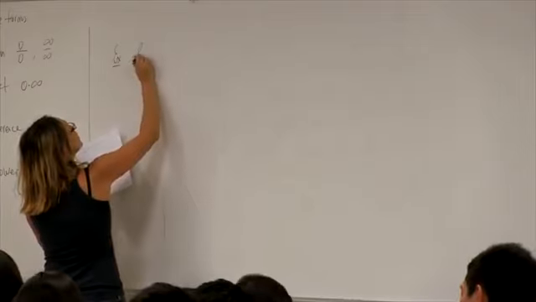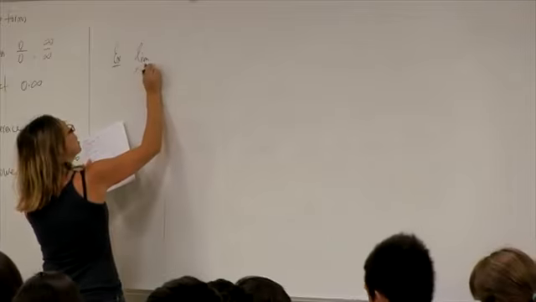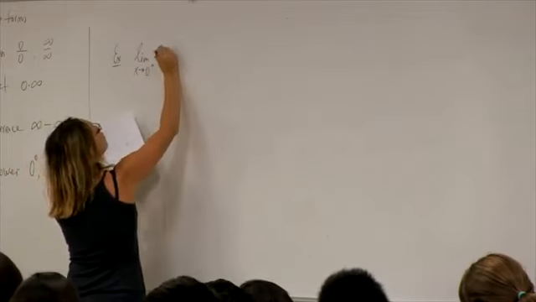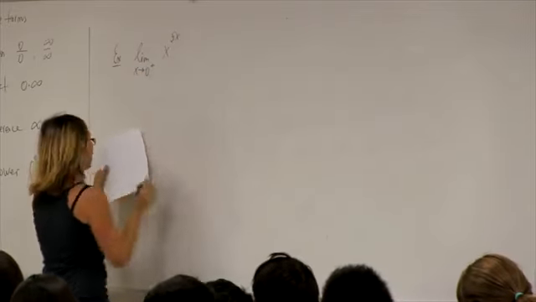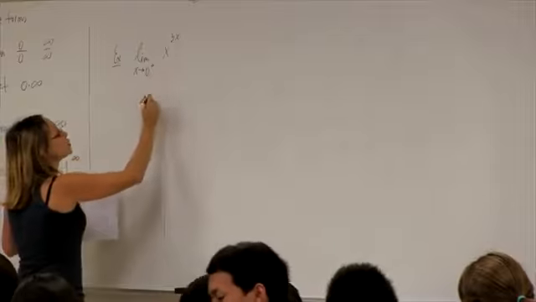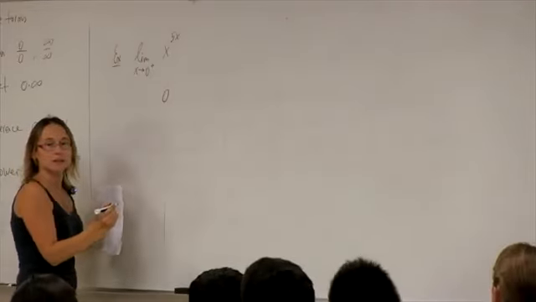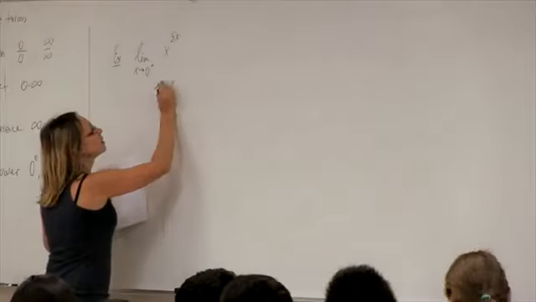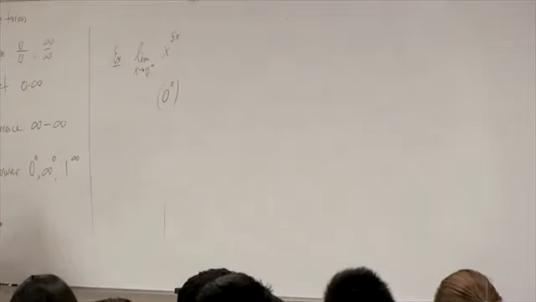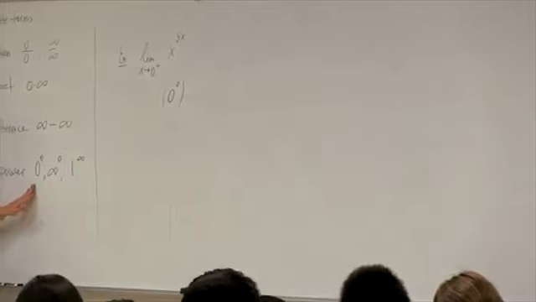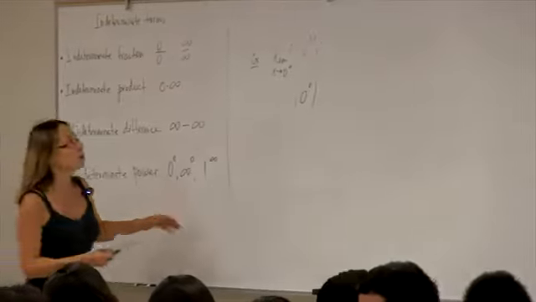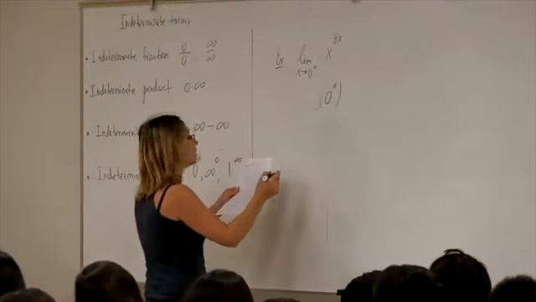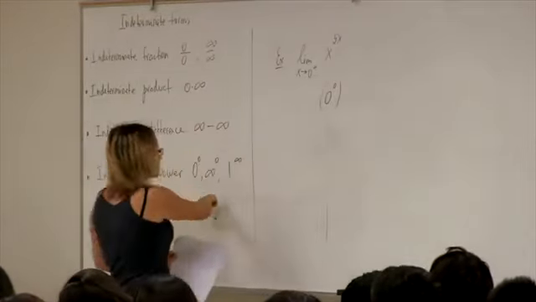So what's the limit as x goes to 0 plus of x to the 5x? So x goes to 0, and so does 5x. So this is a clear example of the first type of indeterminate powers. And the method is the same. For all of these, the method is the same.